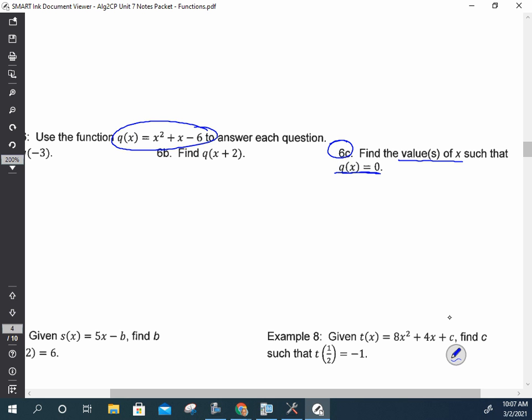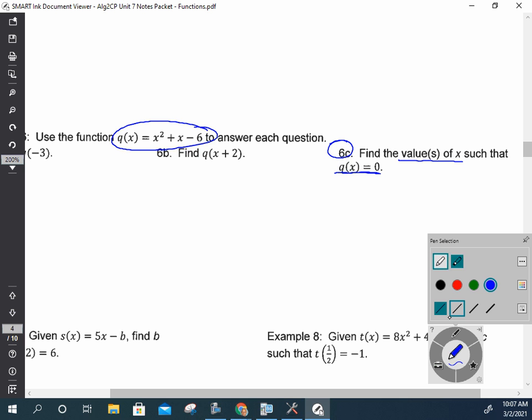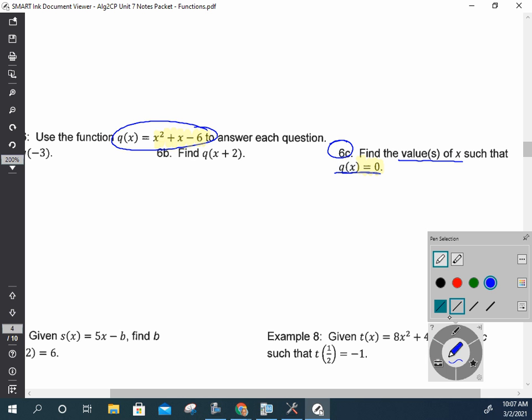So the first thing we would do is take the function and set it equal to 0.